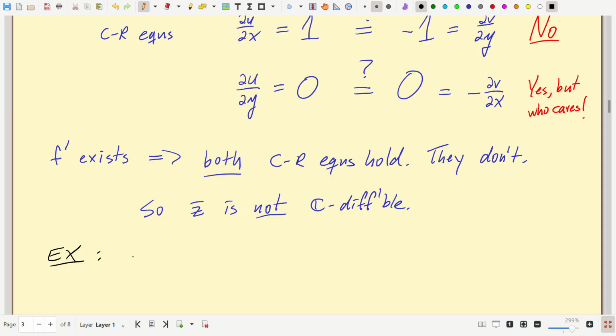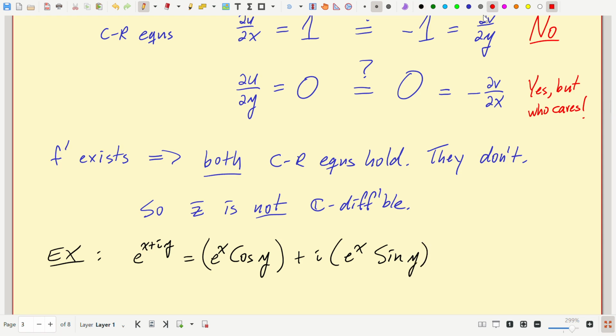e to the z, e to the x plus iy, we know is, after playing games, we defined it as e to the x cosine y plus i e to the x sine y. And here, this is the u, and this is the v.